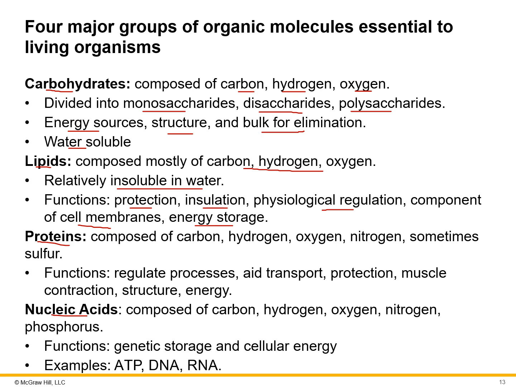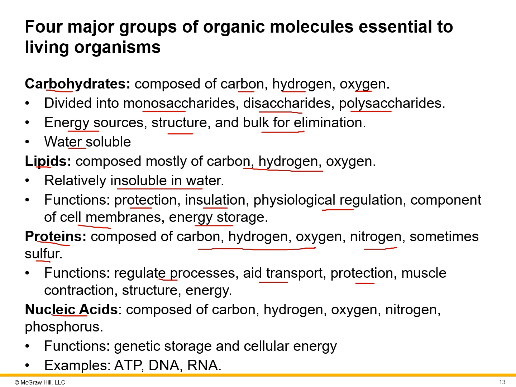Now, proteins also have carbon, hydrogen, and oxygen, but these also have nitrogen in them, sometimes some sulfur as well. And these have lots of different functions, probably the most diverse. That doesn't make them the most important, but proteins do a lot of different things. They're important in regulation. They help with transport, so moving molecules in and out of cells, as well as moving things through the body.